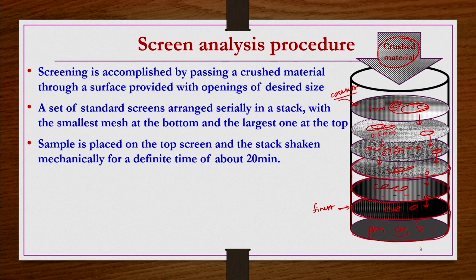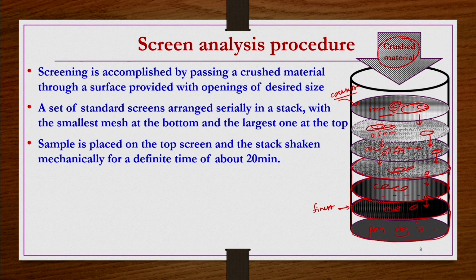All the material will pass through the screen which has a 1 mm opening, so on the top there will not be any material. Likewise, it is also possible for the intermediate screens to have no material present at all. So, this is how we do it, right.